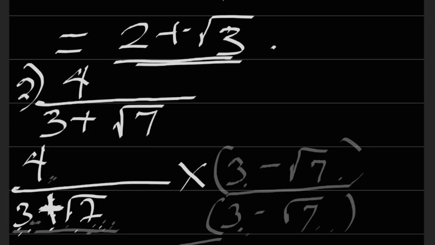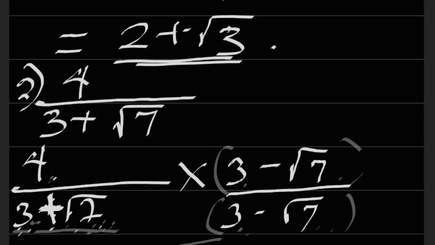So what would the number be? The number will be 3 minus root 7 over 3 minus root 7. That's the number we're going to multiply the numerator and denominator with.